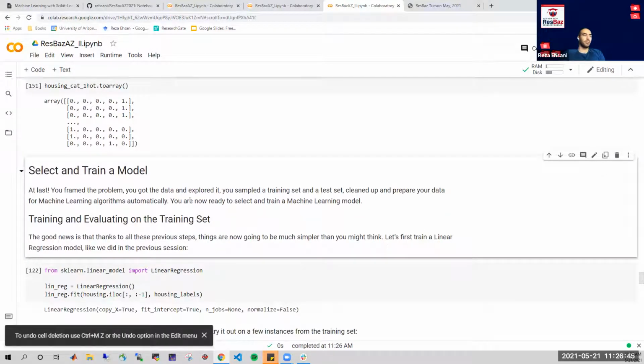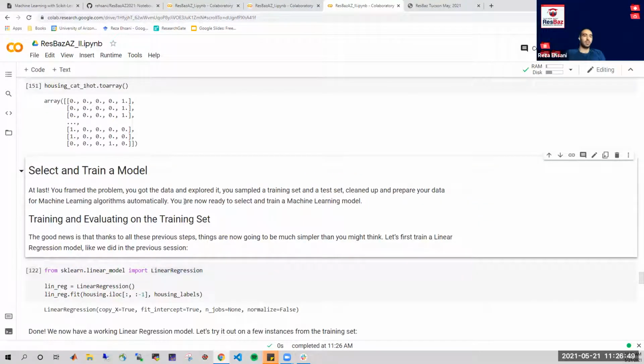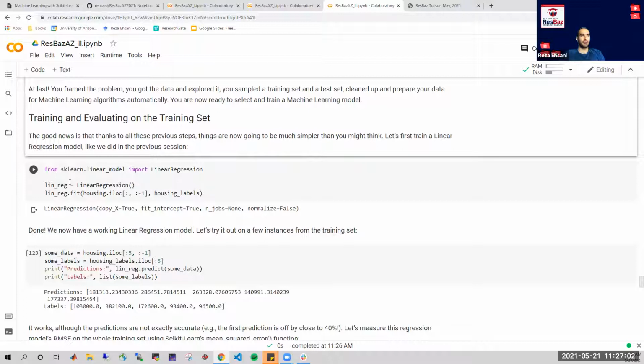Next thing we can do is to select the model and train it using the dataset we prepared. For this purpose, it's really easy. In the previous part of the workshop, we dealt with one of them, linear regression. We repeat that process here again.